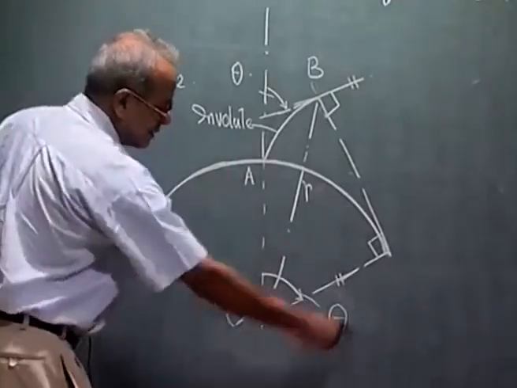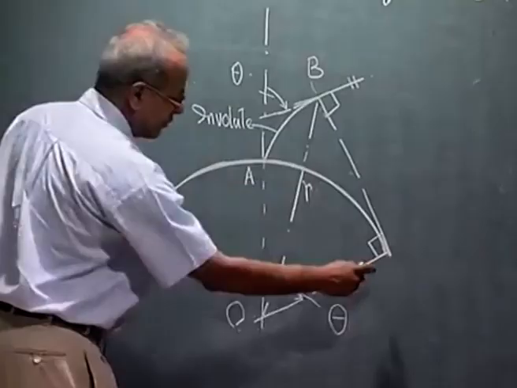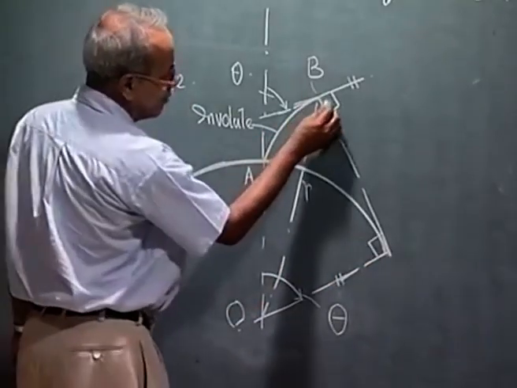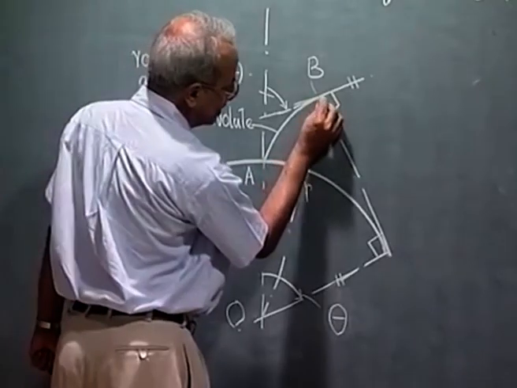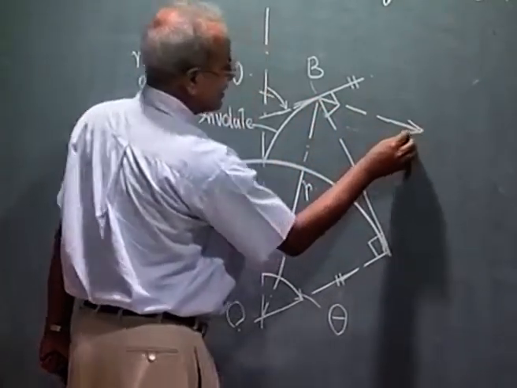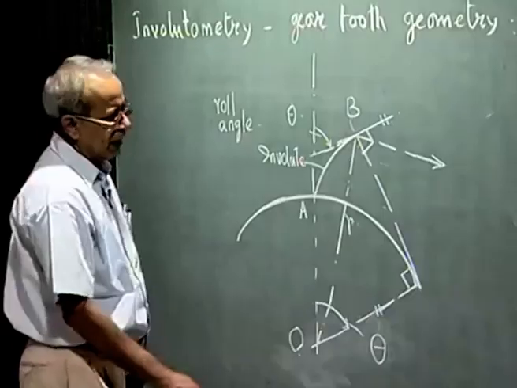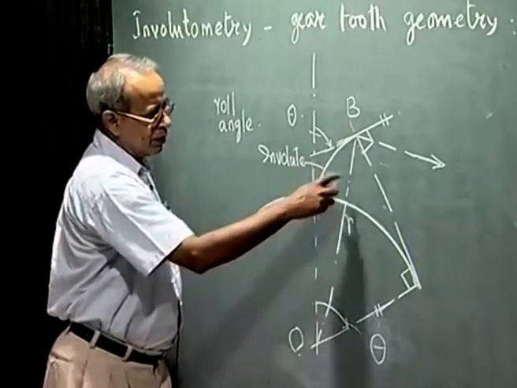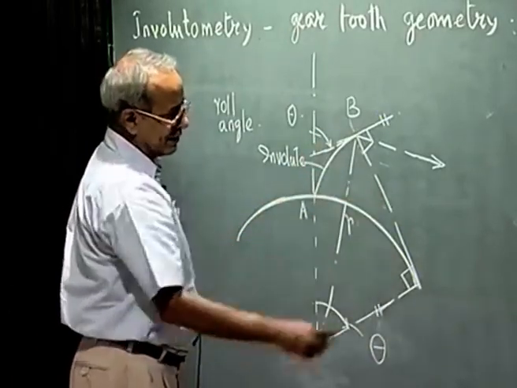If this circle represents the base circle of a gear and the gear is rotating about the point O, then this particular point has a velocity which is perpendicular to OB. This is the direction of the velocity and this is the normal to the involute. So, that is the line of action.